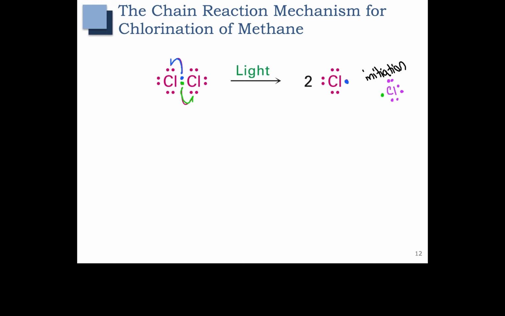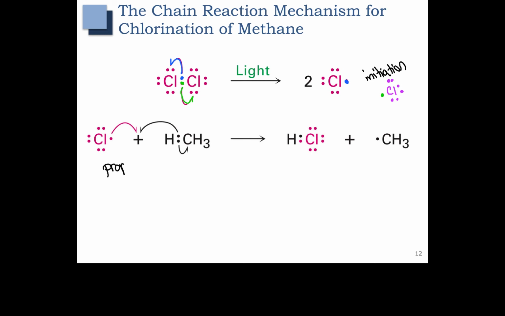Once we have the chlorine radicals, these radicals are going to propagate. This next step is known as a propagation step. And we can see chlorine over here forming a bond to the hydrogen.